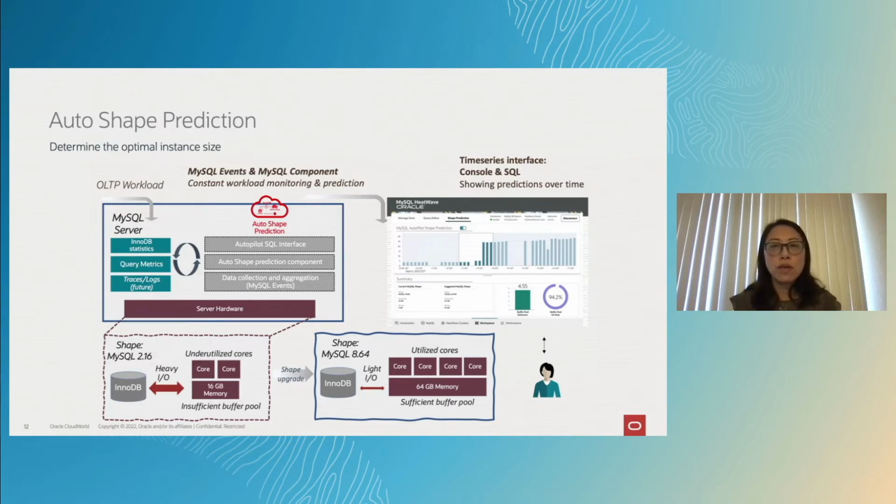But with auto shape prediction, we collect all the statistics from InnoDB query metrics and use that to predict the MySQL buffer pool size, so that we can provide suggestions and allow the end user to adjust the instance based on the current workload.